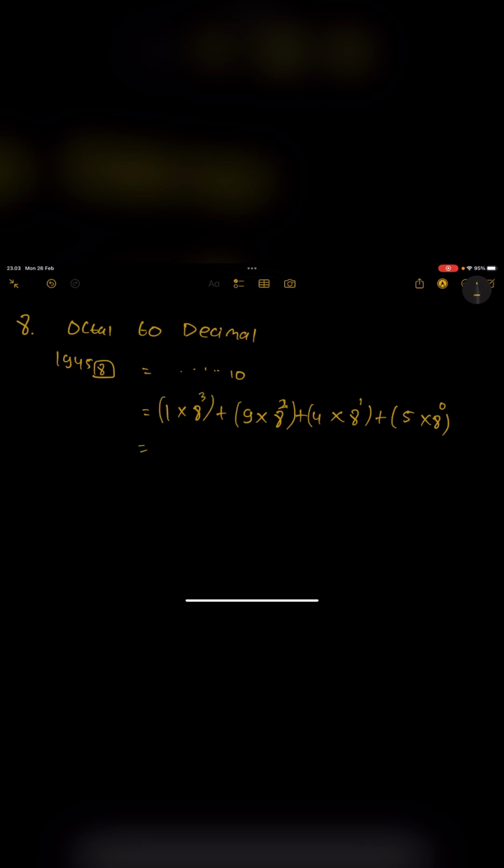And then we will get here 512 plus 576 plus 8 times 4 is 32 plus 5 times 1 is 5. And then we will get 1125 with the basis of 10 because we are converting it to the decimal, and this will be the final result.